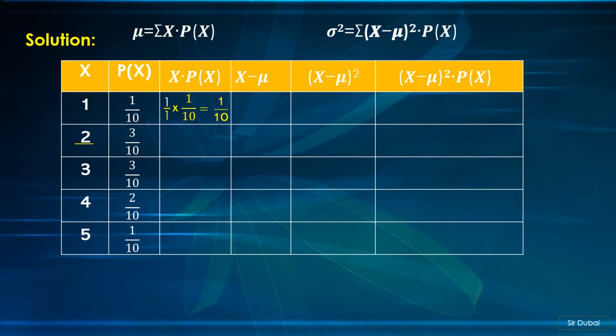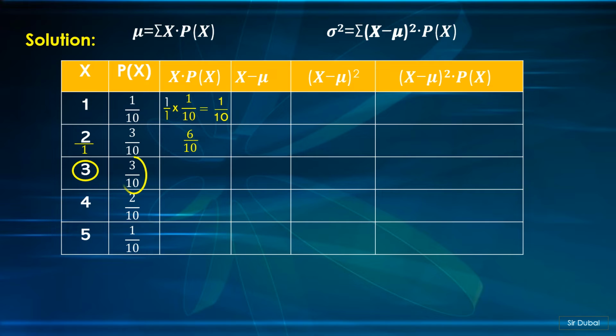So for the second row, we have 2 over 1. I'm going to remind you that any whole number has a denominator of 1. That's why there is 1 there. So solving it, we have 2 times 3 is equal to 6 over 1 times 10 is equal to 10.